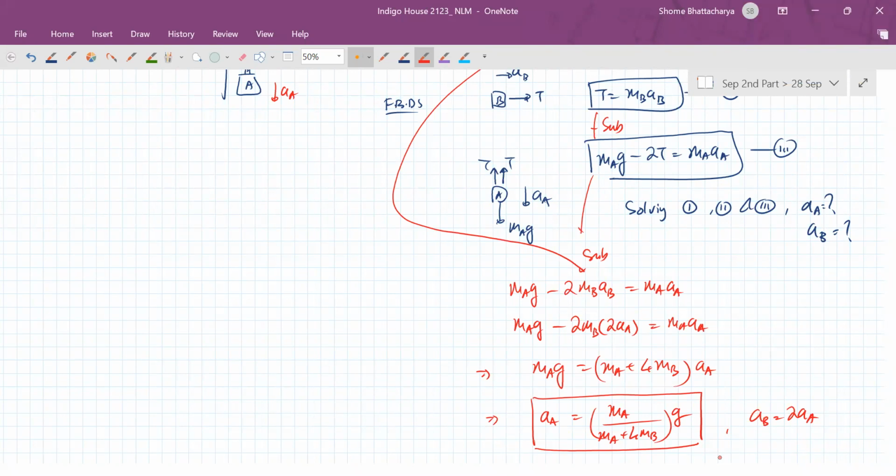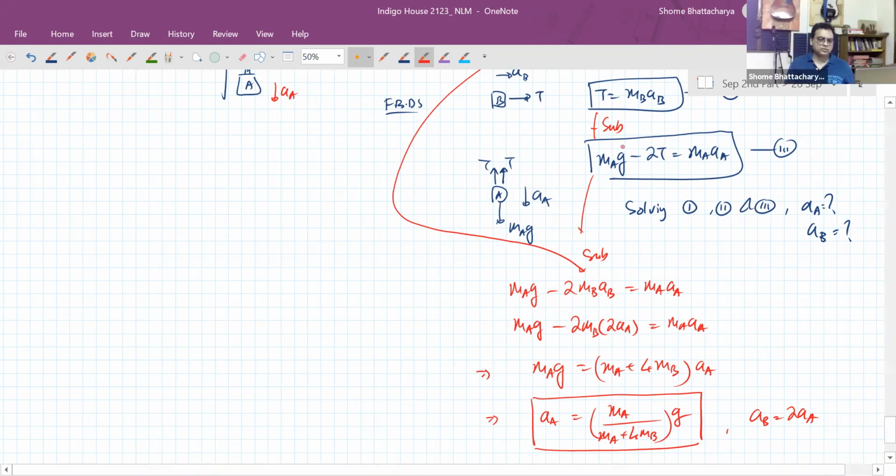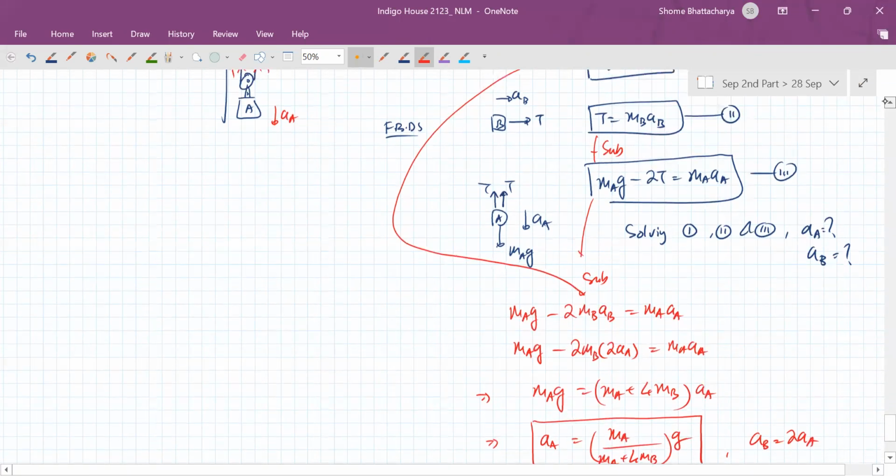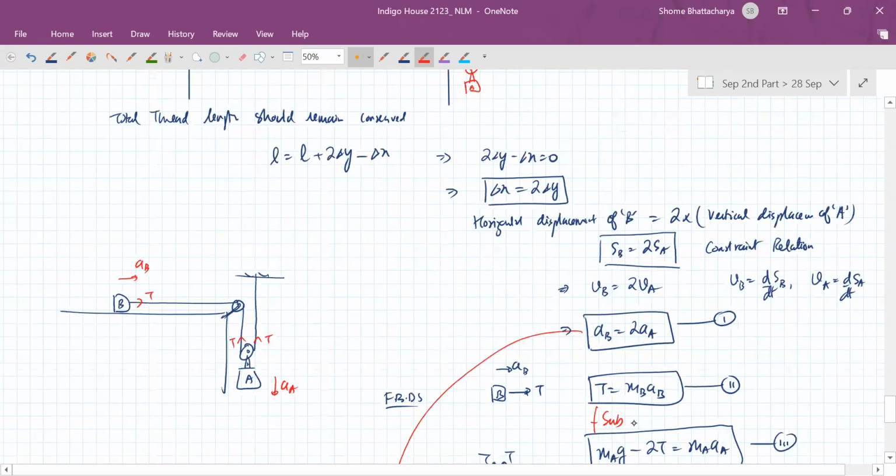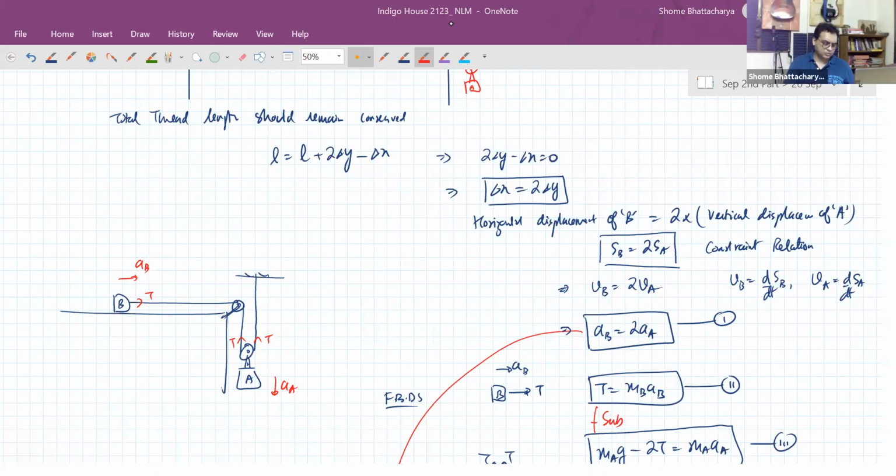Sir, what was the equation 1, 2, and 3? Can you scroll up? Sorry, come again. Can you scroll a little bit up? Yeah. Yes, sir.